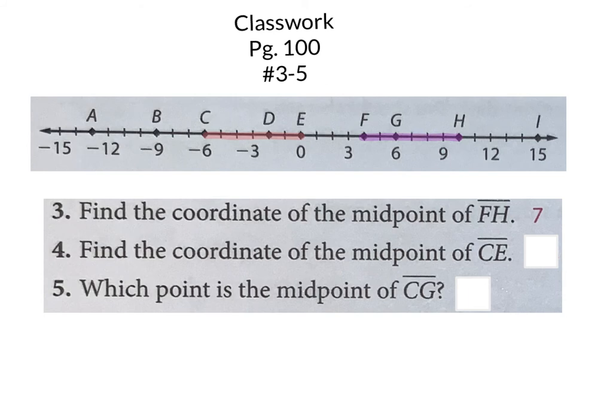E was 0, so you should have gotten -3 there. And then what point is the midpoint of C to G? So from C to G, -6 to +6, the coordinate was E. When they say coordinate, they actually want you to label it, the label, not the number. So they wanted E there.